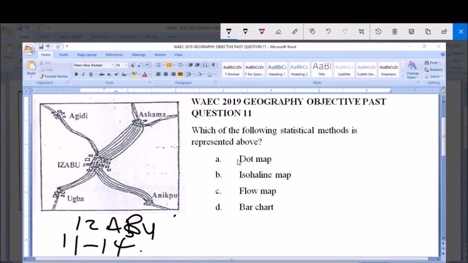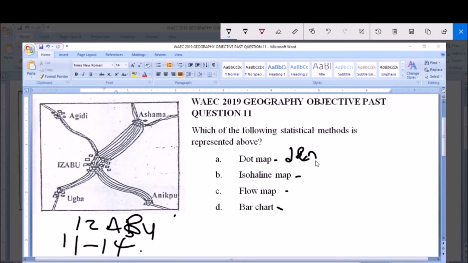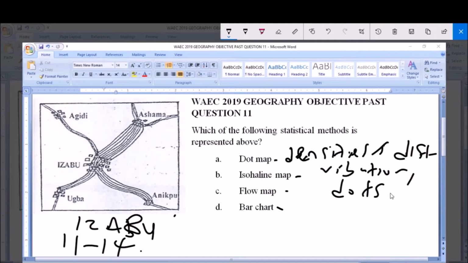So to answer this question, we'll look at the best way we can define each of the options, and then we'll see which one matches the description given to us here. Now, a dot map is used to illustrate densities and distribution of people using dots, and each dot has a value of a certain number.